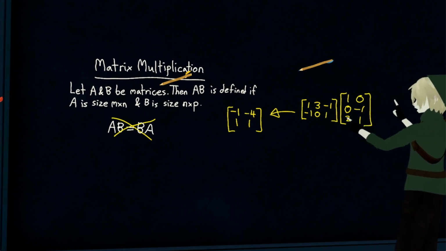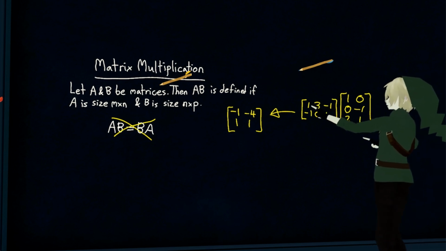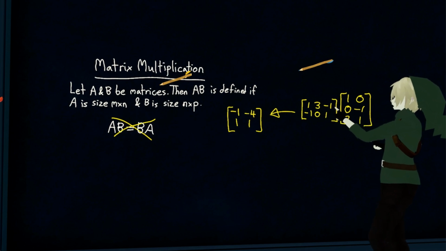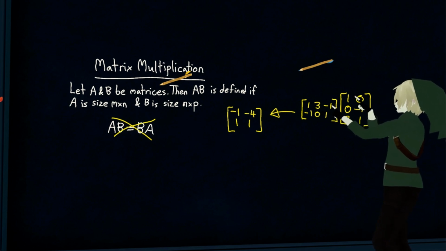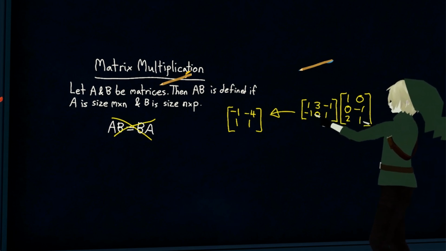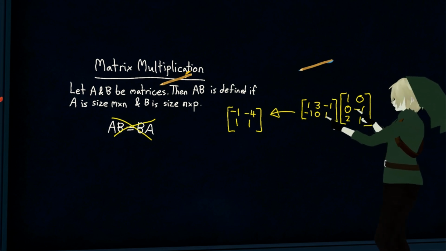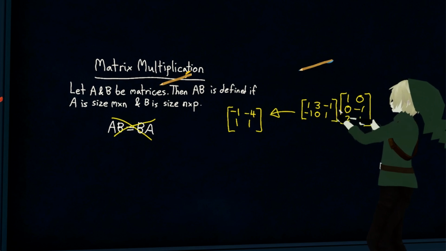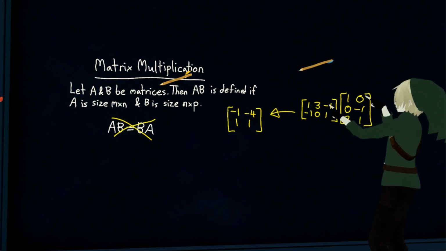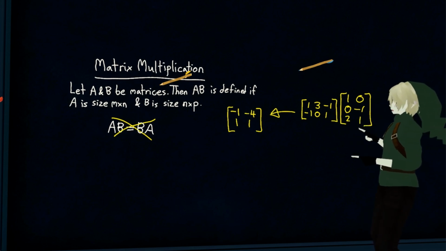And if it was bigger matrices, then this is for the first row, first column, first row, second column, second row, first column, second row, second column. So whatever you're multiplying it by, depending on what row you're using and what column you're going by, that's where the answer goes to that specific entry.